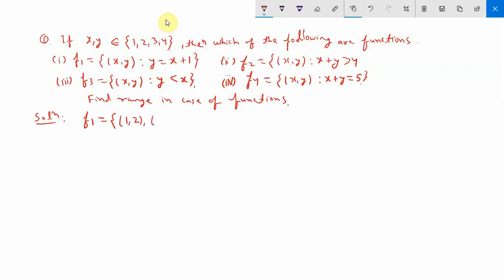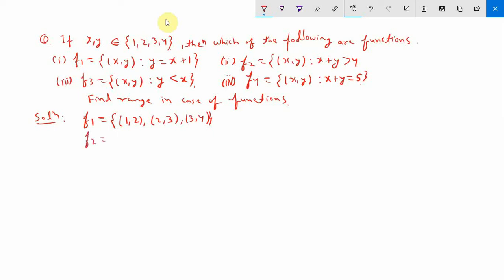If we consider 2, y will be 3. If we consider 3, y will be 4. If we consider 4, y will not be in that set, so we will not consider that one, because we will not get that image.